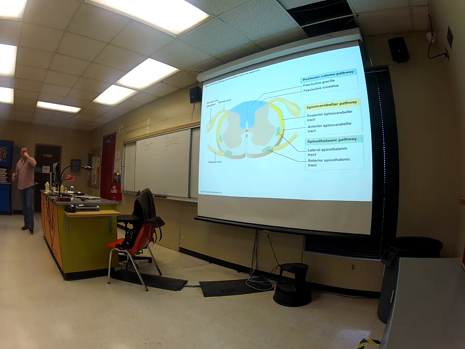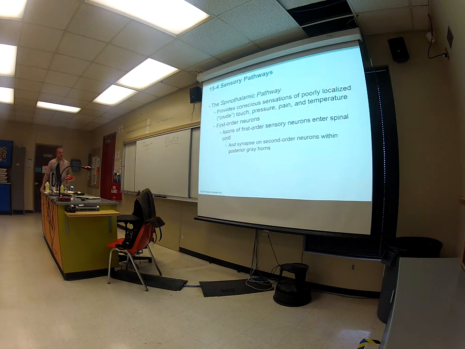Okay? And then spinothalamic. We're going to actually end up at the cortex because we're going up to the relay station. But this is giving you an idea, spinothalamic: we're going from the spinal cord to the thalamus. So it's another input. Spinothalamic pathways provide conscious sensation of poorly localized touch, pressure, pain, and temperature. This talks about where our first order neuron comes in.